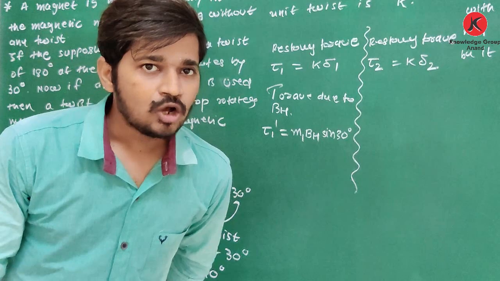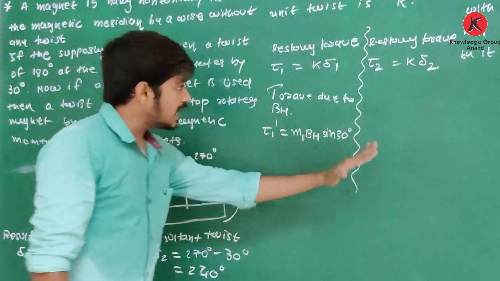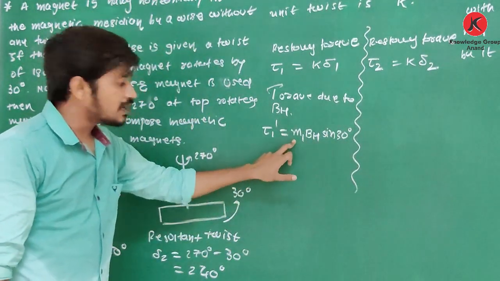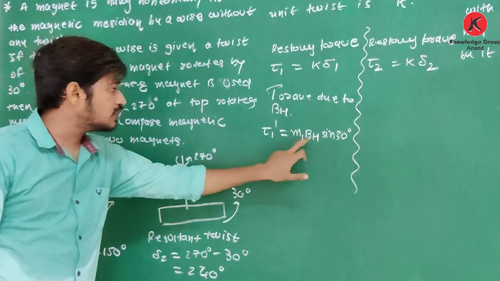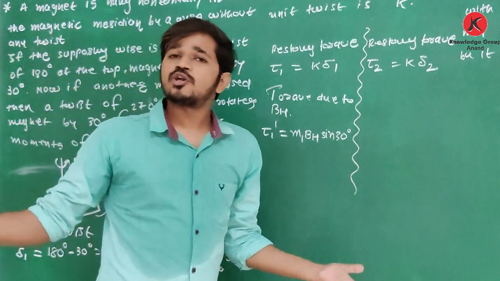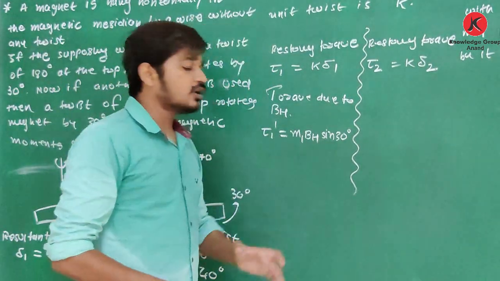Clear about this? M1, because we are given two magnets. For the first magnet, the magnetic moment is M1. The Earth is the same for both magnets, so the horizontal component is the same.